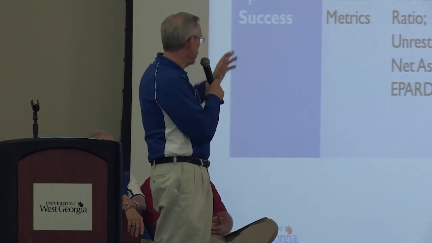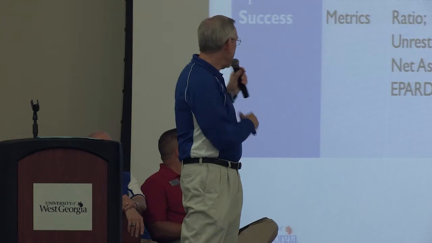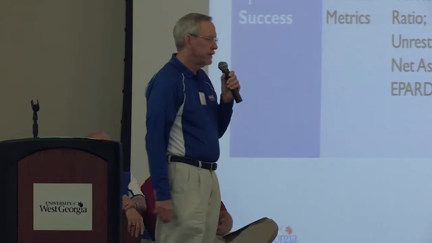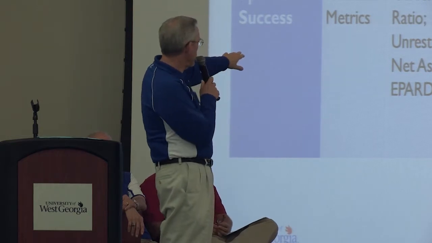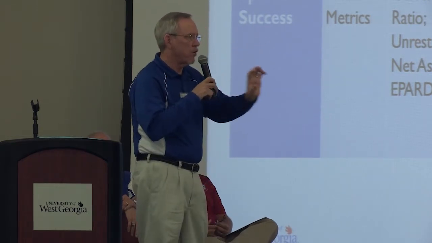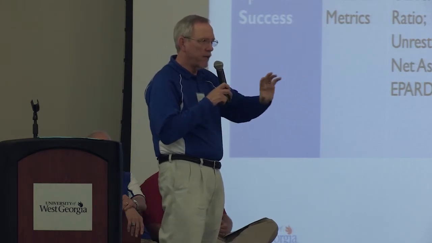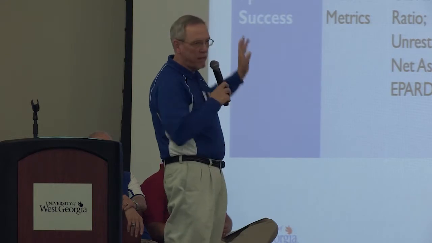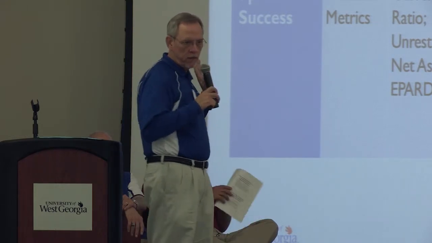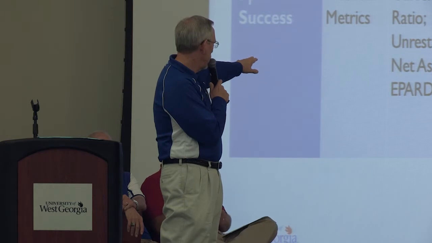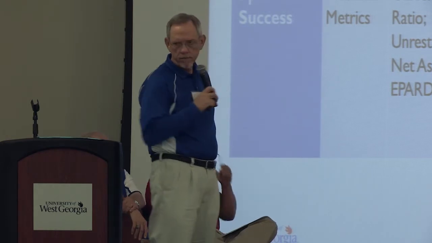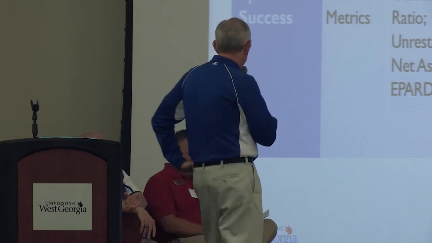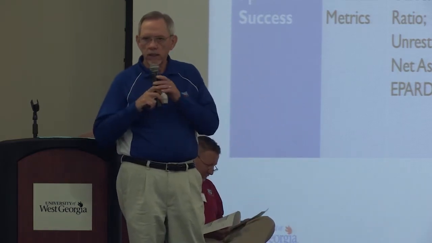The other one is, everybody knows what an unrestricted net asset is, EPARD. Oh, come on, right? That means your unrestricted net assets are that amount of money that you've got available to do other things with. You know, that, and the EPARD, exclusive of physical assets and related debt, okay?